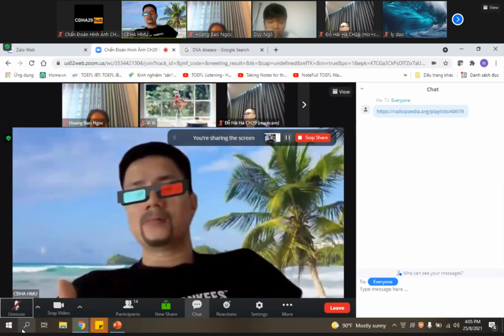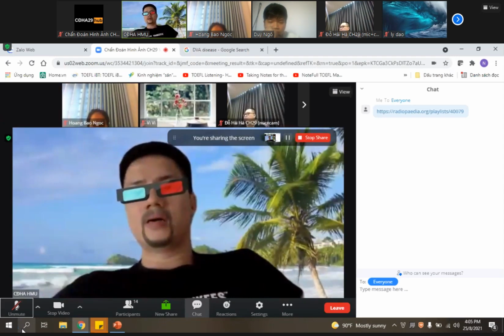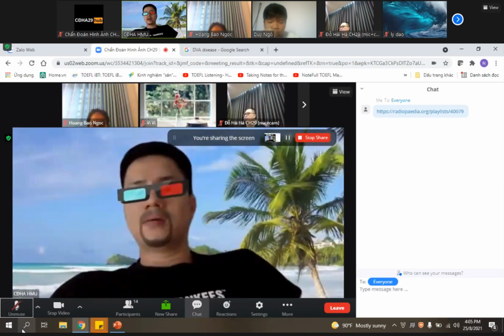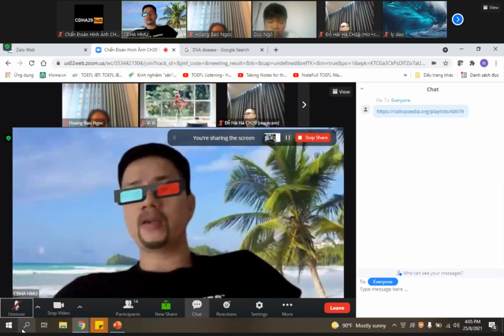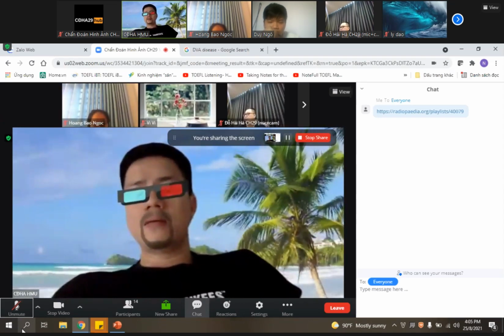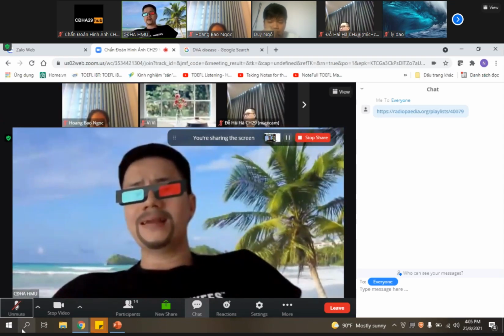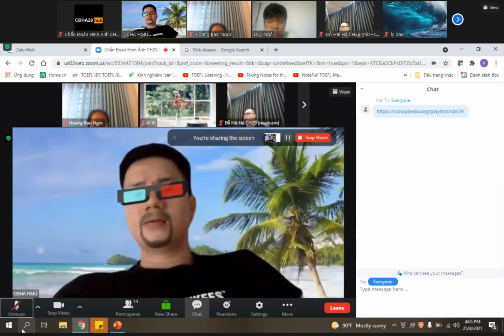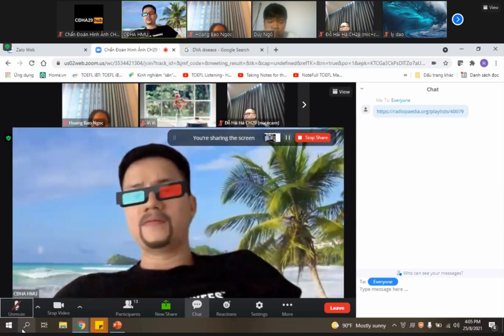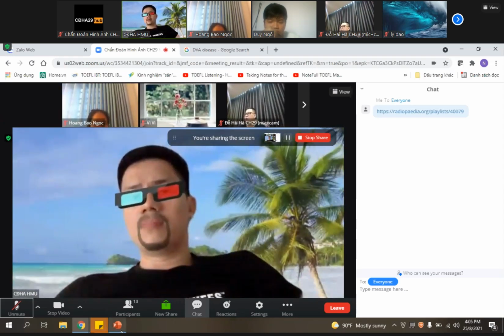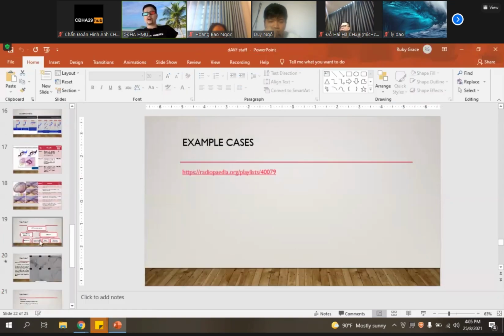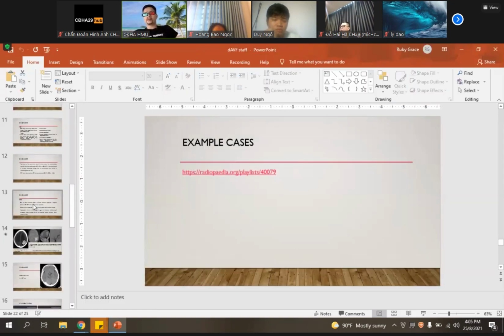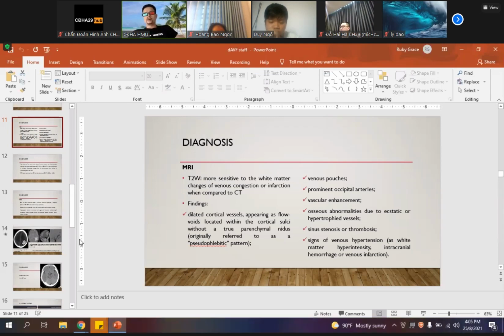So sometimes you just see the intraparenchymal hemorrhage, you can see the dilated vein, you can see the dilated feeding artery, but you cannot see the fistula location directly.